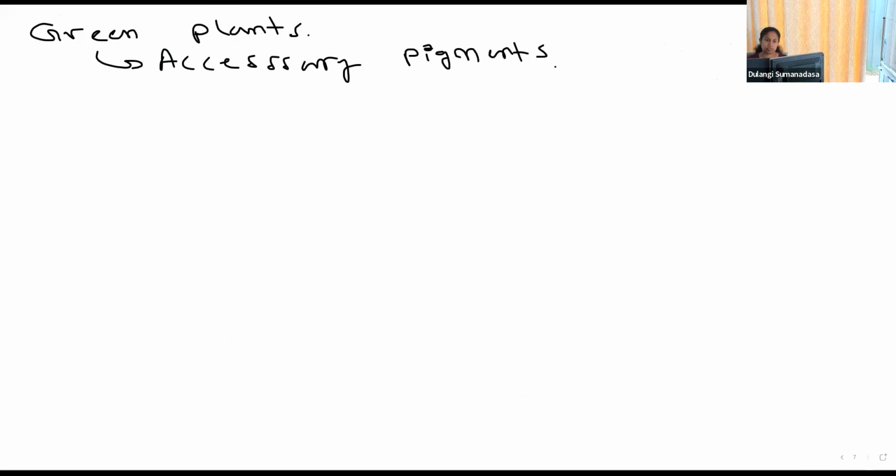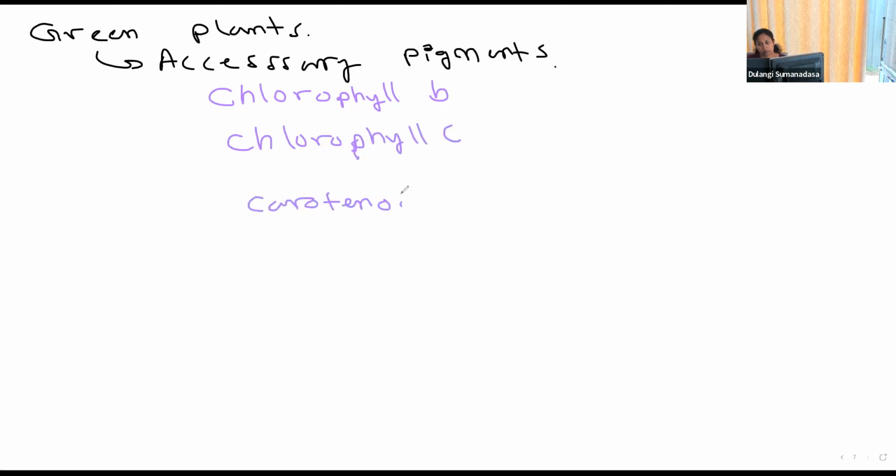Write down the accessory pigments, 3 of them: chlorophyll B, chlorophyll C, carotenoids. They are absorbing and reflecting at different wavelengths. I think everyone knows the carotenoids. Carotenoids reflect, you don't need to know the absorption, orange or yellow, I think.